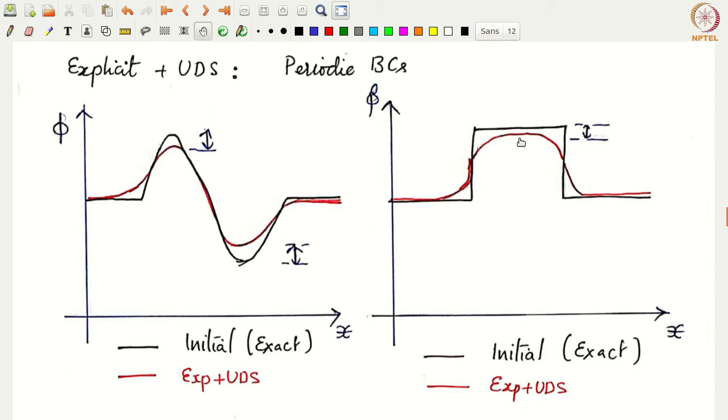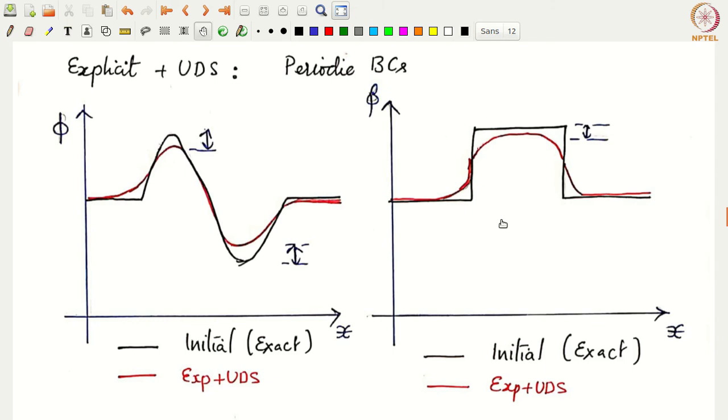Okay, so this is a solution. Of course it is not exact, rather it gives you a solution which is diffusive in nature, but without any wiggles. So explicit upwind difference scheme can be used with a proper delta x delta t, such that we can get somewhat okay results by using the method.